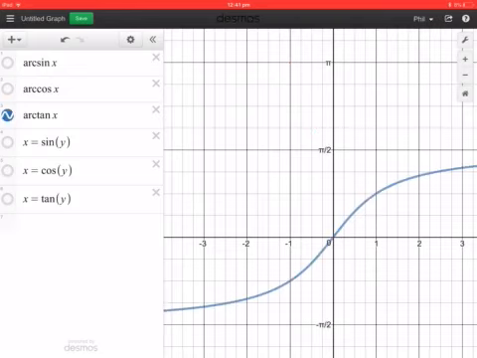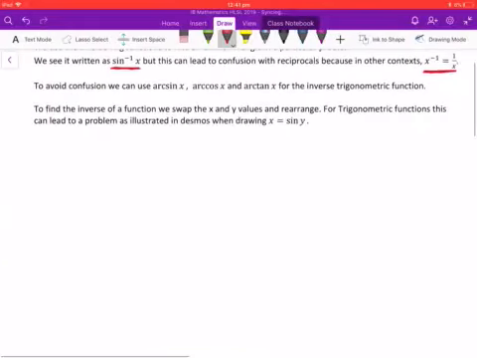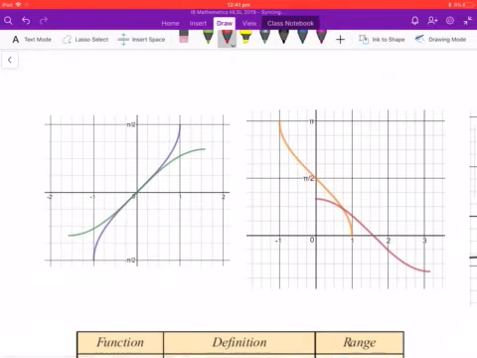And then arctan has horizontal asymptotes at -pi on 2 and pi on 2. The domain is all real numbers, whereas the range is from -pi on 2 to pi on 2, not including those values.